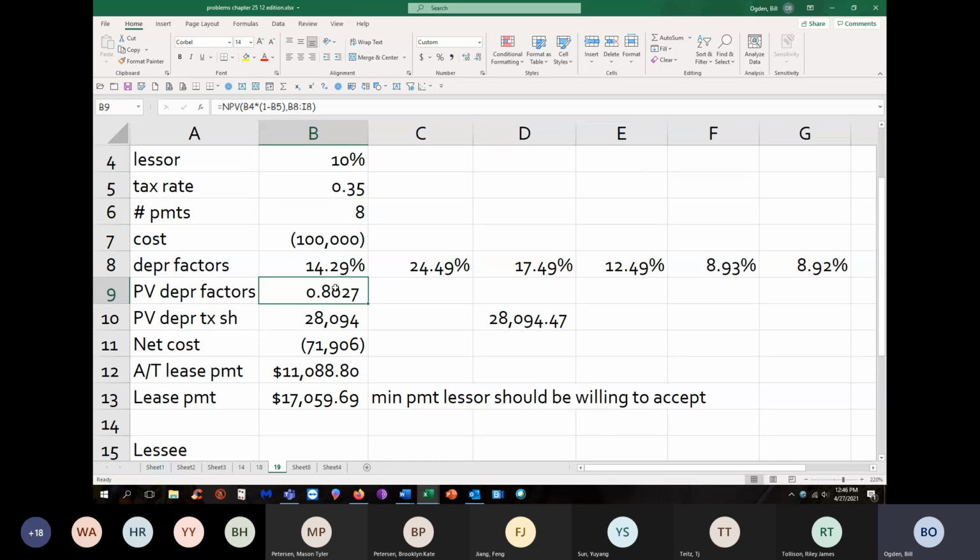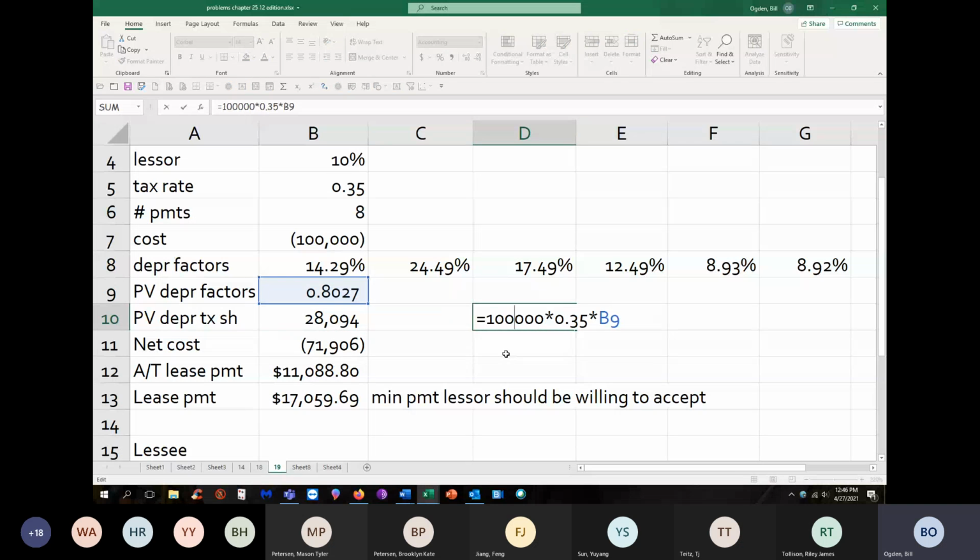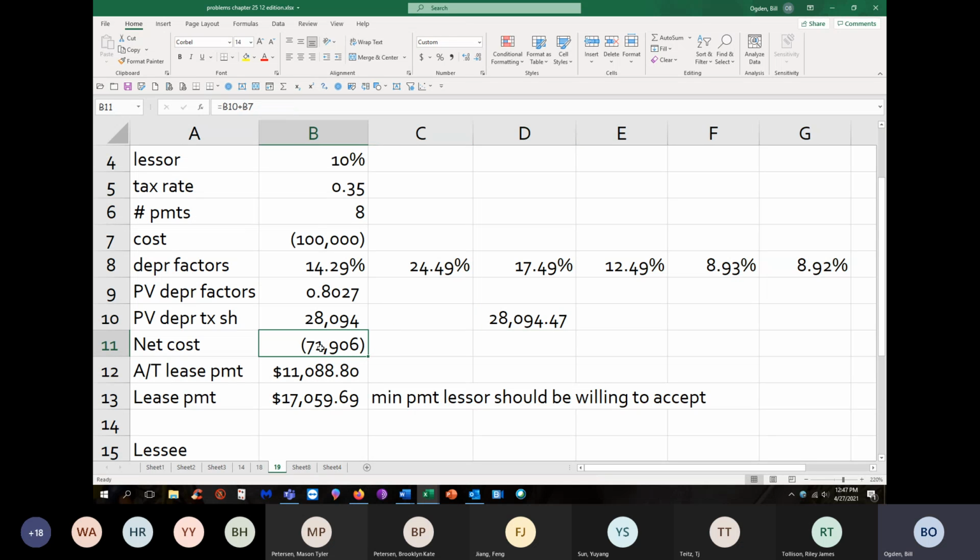This is my factor. I multiply this times 100,000 times 0.35. I get, if I did it right here, 28,094, leaving the net cost to the lessor of 71,000.